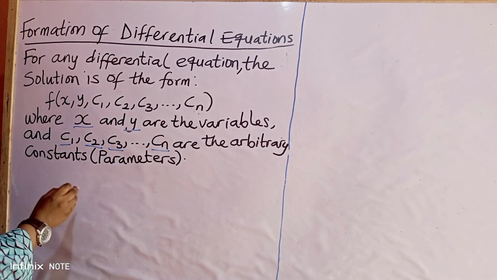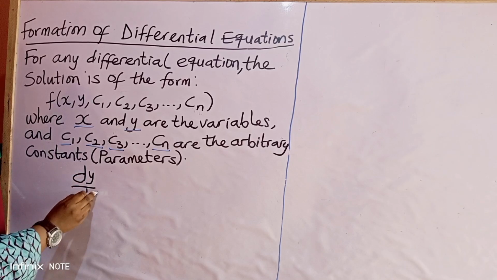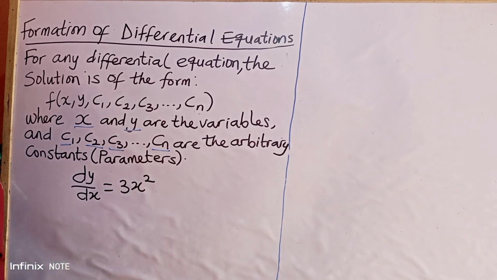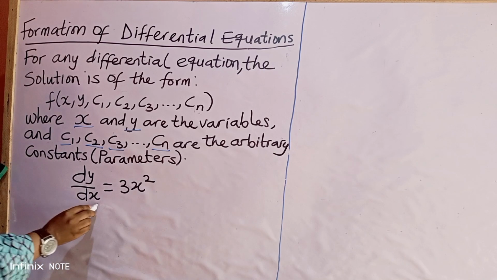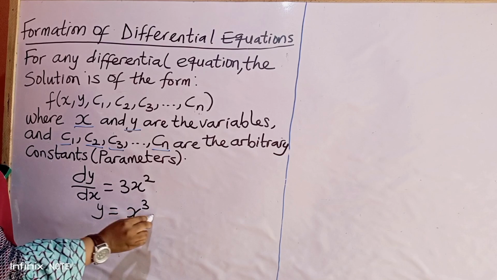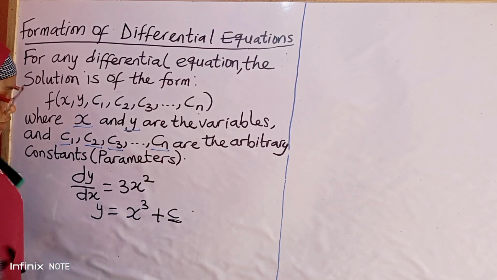For example, if we have dy/dx equals 3x squared, this is an example of a differential equation. And the solution to this one is what? y is equal to x cubed plus c. So this is a parameter.